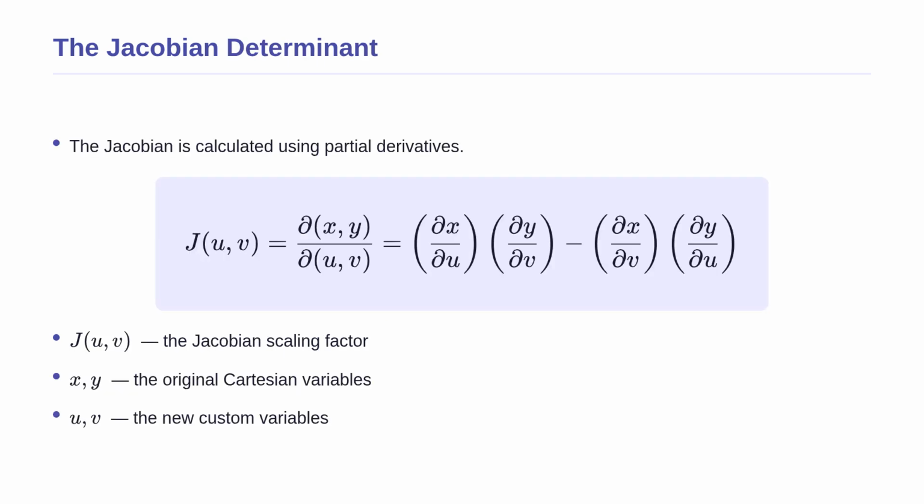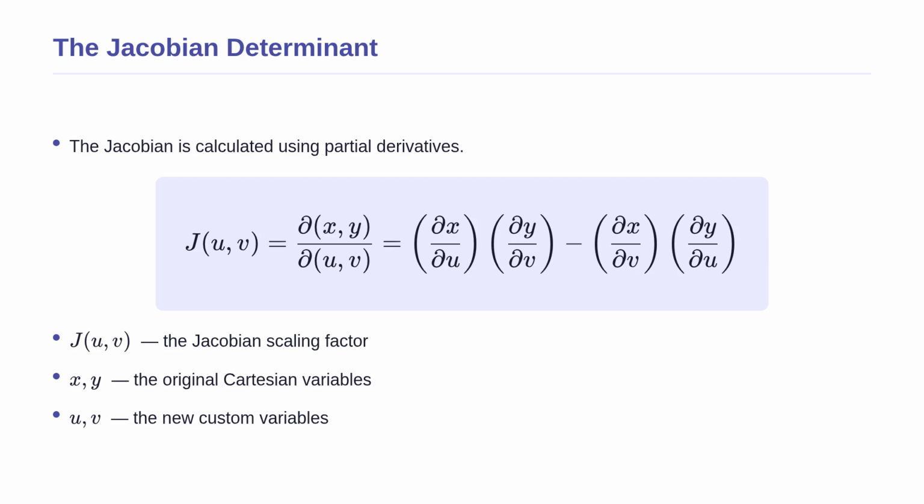This brings us to the mathematical definition of our scaling factor. The Jacobian is calculated using a determinant of partial derivatives. Conceptually, it measures how much one specific variable changes when we tweak another, keeping everything else frozen. In this formula, J of u and v is the Jacobian.